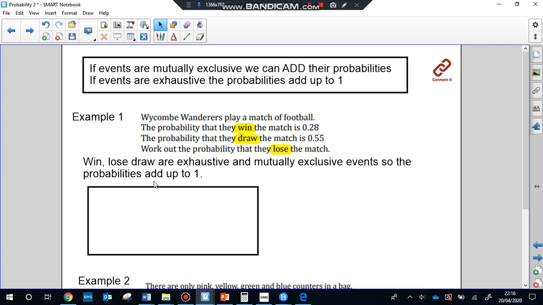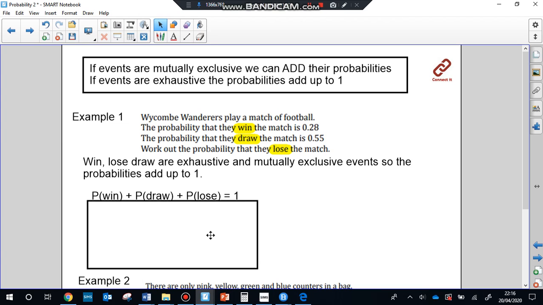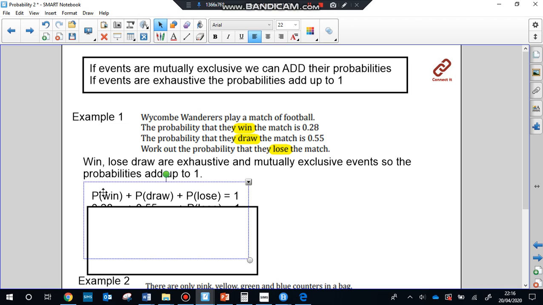So we're going to add the probabilities and they have to add up to 1. That will help me work out the probability they lose the match. So the probability of the win plus the probability of the draw plus the probability of losing adds up to 1.